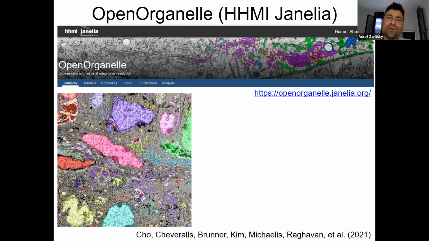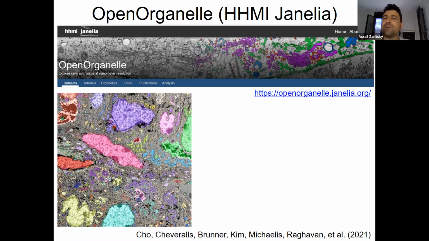What you can see from all of these data sets, these are really major data sets, and a lot of effort and tons of money went into creating them, and they are public and they are amazing. And you can see a common theme. All of them are interested in the organization of a single cell. So it gives you some insight into how big a question this is, right? We want to understand the organization of the organelles within a cell.